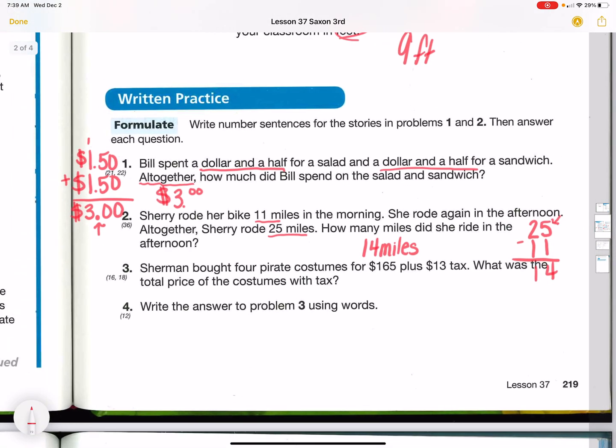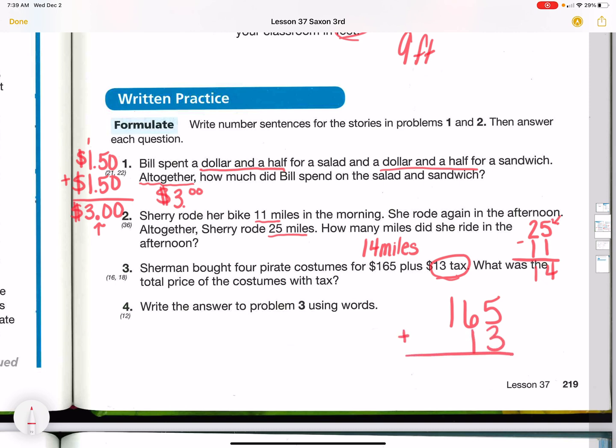Sherman bought 4 pirate costumes for $165 plus $13 in tax. This was another one where you weren't sure if it was adding or subtracting yesterday. But when you're in the store, if you're asking yourself if there's tax, is that going to make the price higher, adding, or lower, subtracting? And unfortunately, the answer is tax adds to your total.